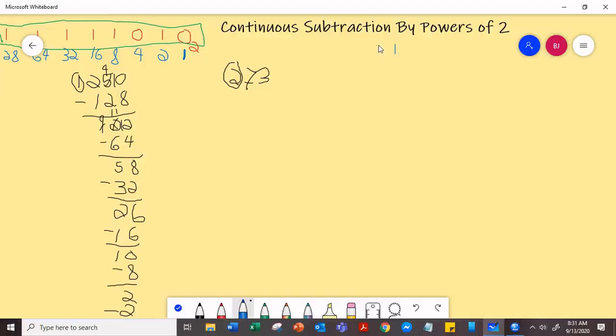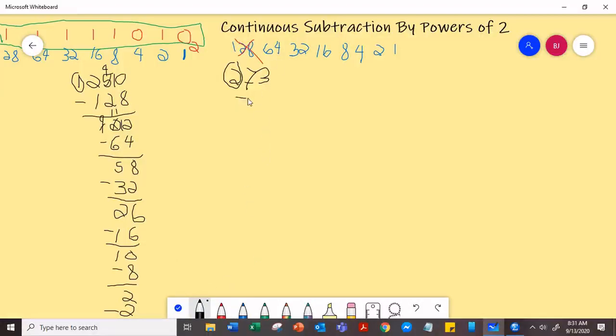So 1, 2, 4, 8, 16, 32, 64, and then 128. Well, if you're already sure that the 64 is already the largest power of 2 that won't exceed 73, you can actually not go to 128. But I'm just showing the method just in case you're still trying to get a hold on this method. So 128 already exceeds 73. We won't be including that.